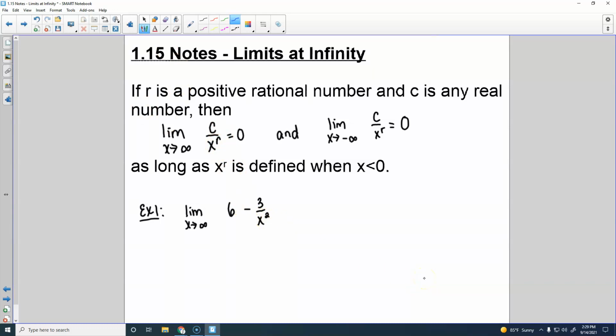Okay. So, we have basically already talked about this idea. Today, we will be looking at limits at infinity. Very similar to the title of 1.14, which was infinite limits. So, our difference in these two sections is yesterday at the beginning of this class, we were looking at limits where the answer was infinity.